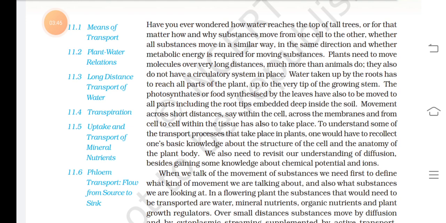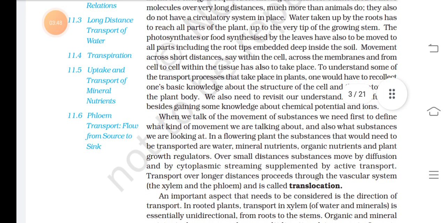Movement across short distances, say within the cell, across the membranes, and from cell to cell within the tissue, also has to take place. To understand some of the transport processes that take place in plants, one would have to recollect one's basic knowledge about the structure of the cell and the anatomy of the plant body.